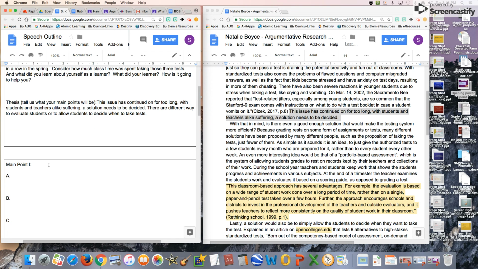Okay, so now her main point 1. Her first point is that she's acknowledging that different solutions have been proposed, which is to give students the tests when they are prepared for it.